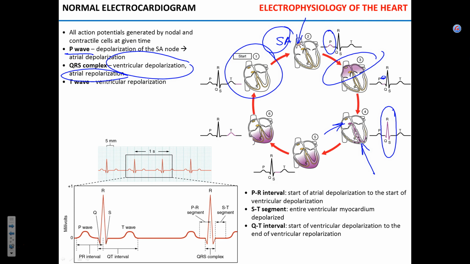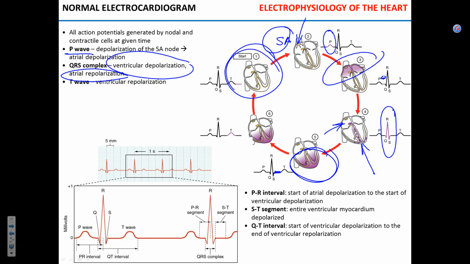And then in that short segment that is called ST segment, that's the moment when the entire myocardium of ventricles, all muscles of the ventricles, are depolarized. Okay? Does that make sense? So that's depolarization of the ventricles. During depolarization of the ventricles, what happens? Contraction. So basically we can say this.